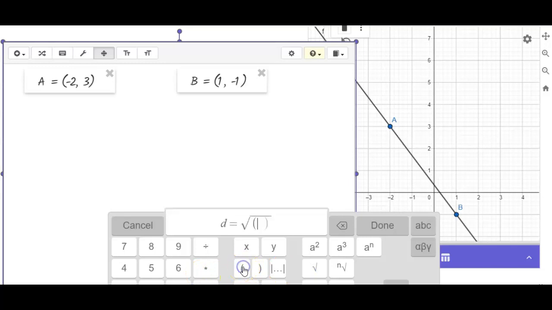open parentheses, and then another parentheses, x sub, that means below, 2, and put our minus, bring it back up so that it won't be with the sub, minus x sub 1. And once we do the x sub 1, then we're going to square the difference.